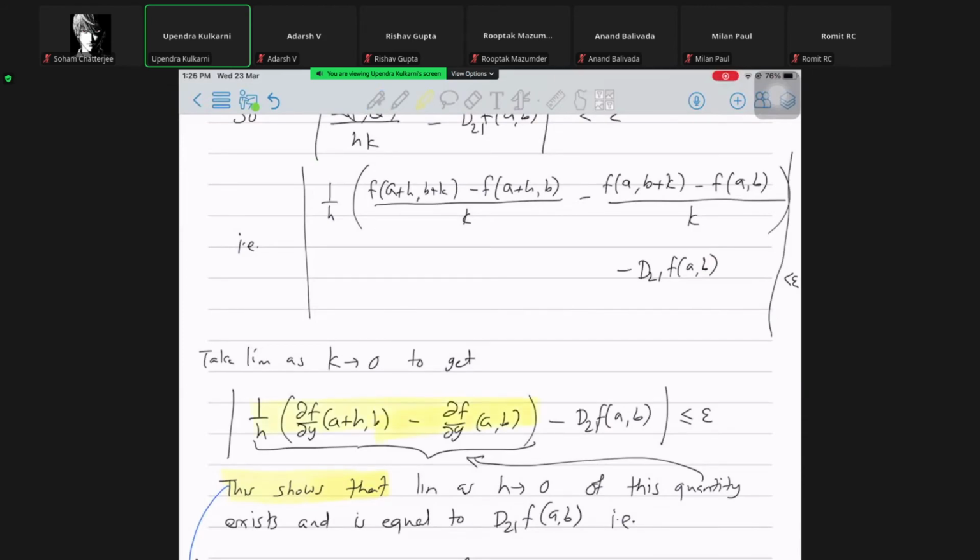I'm assuming that this limit exists. Remember, when I took the limit as k approaches 0, I wrote del f by del y. That means that it has to exist. So I should just state this as a, let me state it as a.